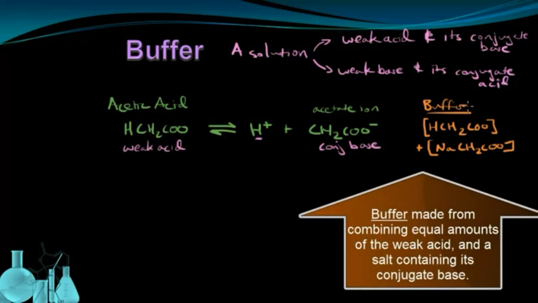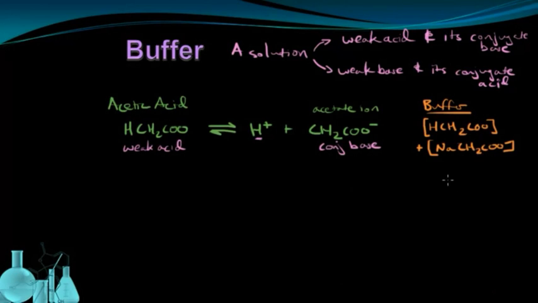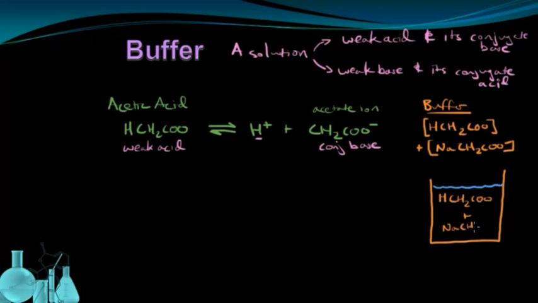So I make the buffer by using equal amounts of the weak acid and a salt containing the conjugate base. So now the big question is, how does this buffer work? Well, if I take some container, fill it with water, and I add acetic acid and my acetate ion containing salt, I now have a buffered solution in this container.